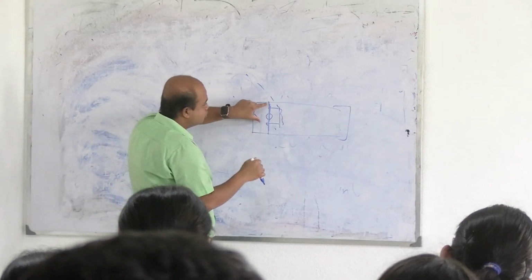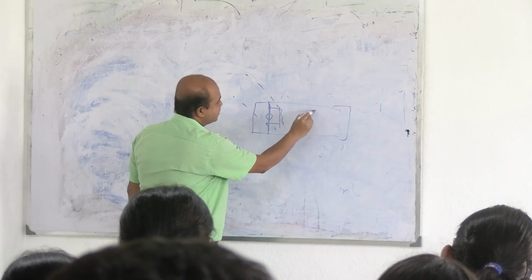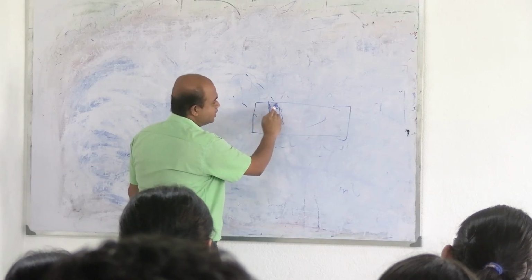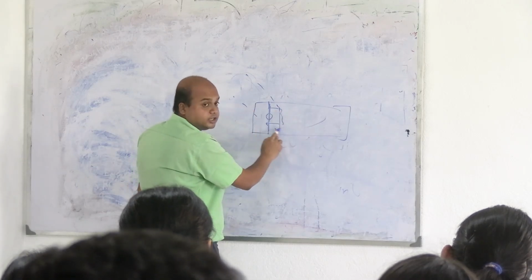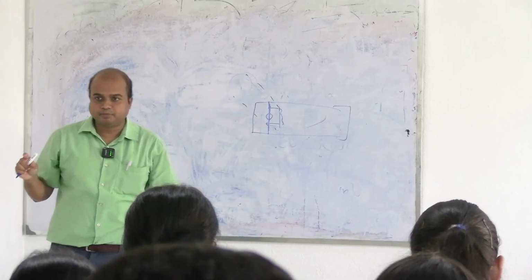And now you make a single stroke on this slide and draw this smear. The blood will spread along this portion. Okay, so that will make the blood smear.